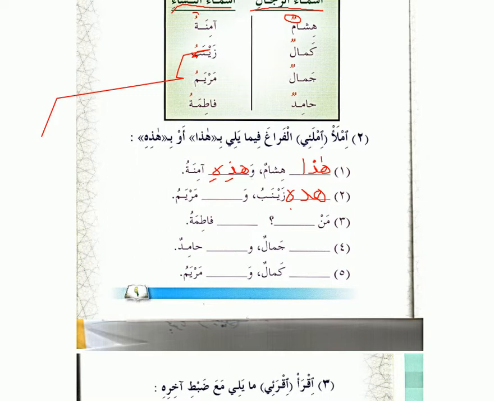Why is that? Because Maryam is also a girl's name, right? We have to use feminine for this. So everybody understands why we use Hada and when we use Hazihi?